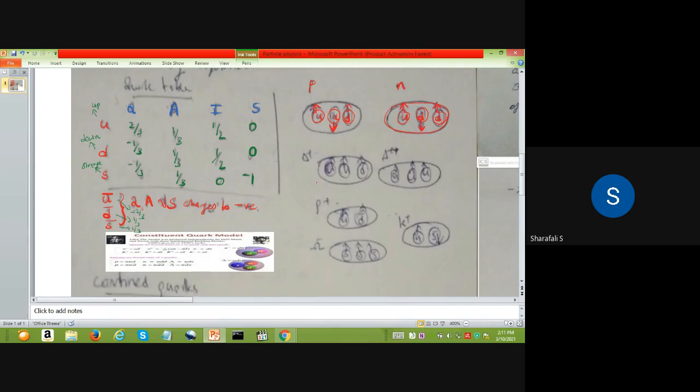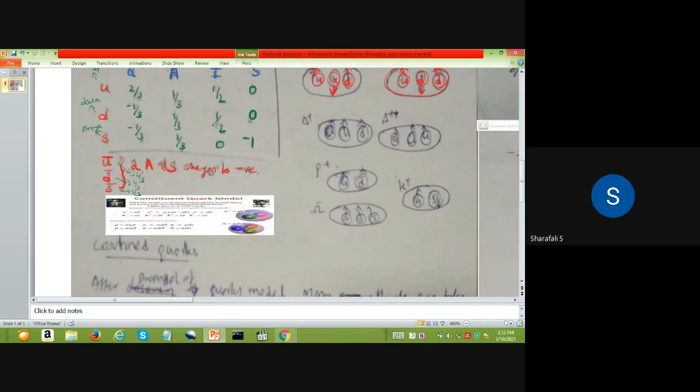But in some cases, we can have the Pauli exclusion principle apparently violated. For example, in the omega minus case, we have three strange quarks, three S quarks, all of them having spin up. This is because omega minus has a total spin of 3/2.